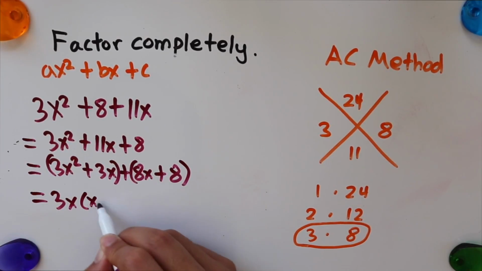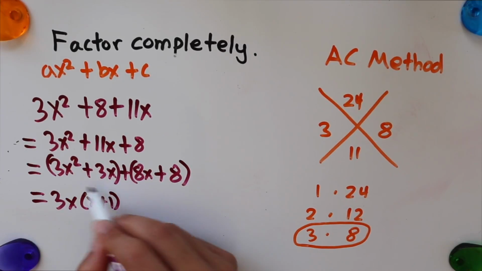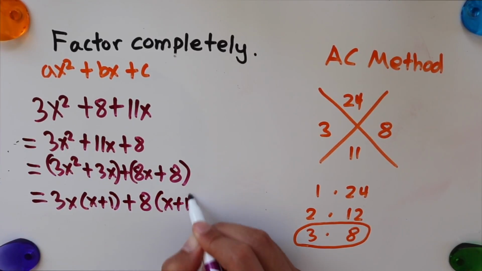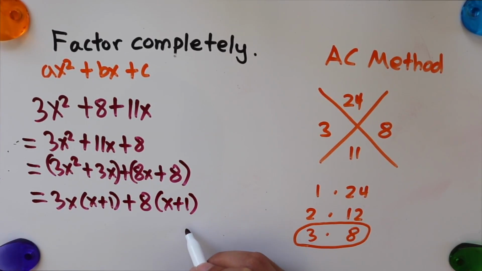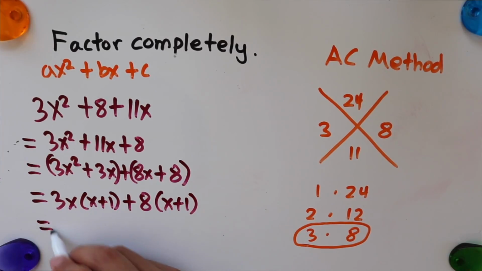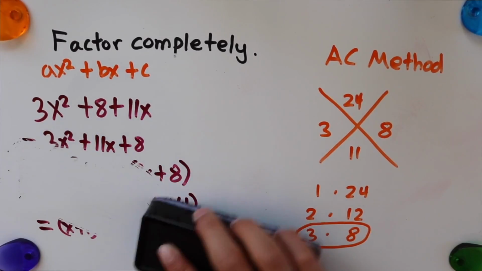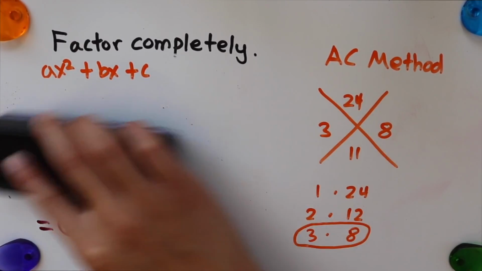Notice how I'm factoring the greatest common factor between the terms in each group. Here we have the factor 8. After that, we see that x plus 1 is in common, so when we take that out, we're done.